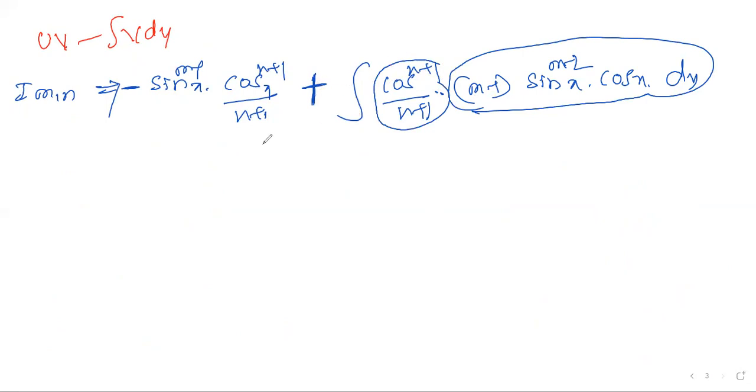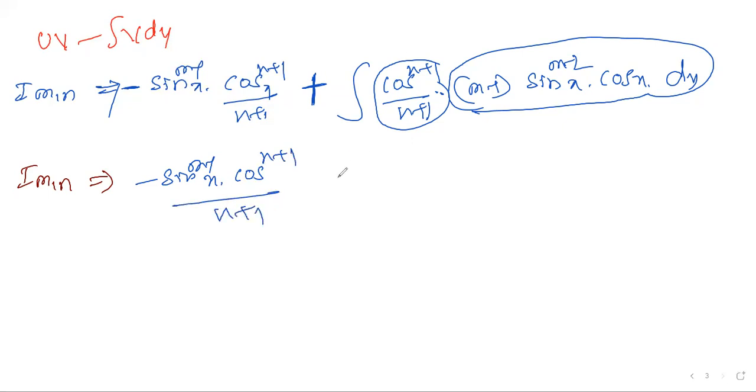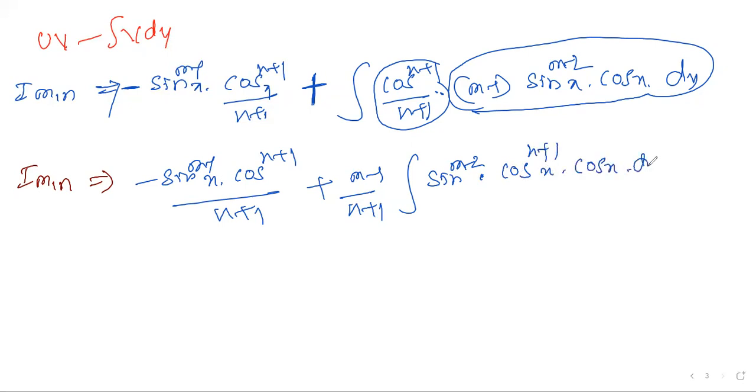Next continuation: I(m, n), the question, is equal to minus sin^(m-1) x into cos^(n+1) x by (n+1), plus (m-1) taken out, (m-1) by (n+1), integration of sin^(m-2) x into cos^(n+1) x into cos x dx.